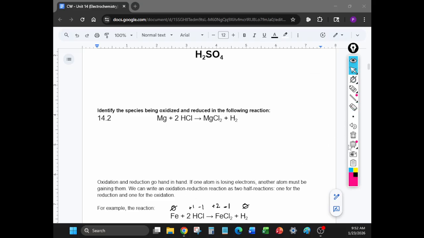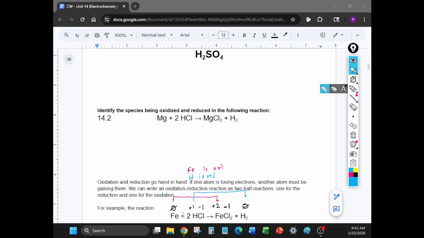You should identify that Fe becomes more positive. That means that Fe here is oxidized. And we can see that hydrogen becomes more negative, so H is reduced.